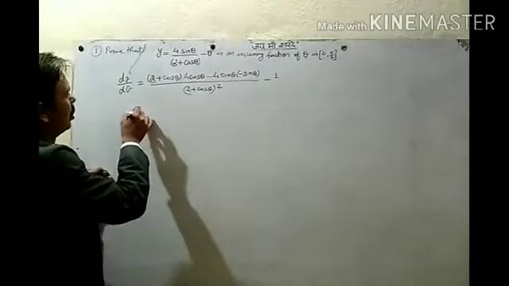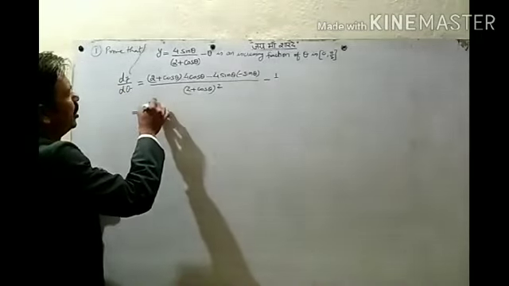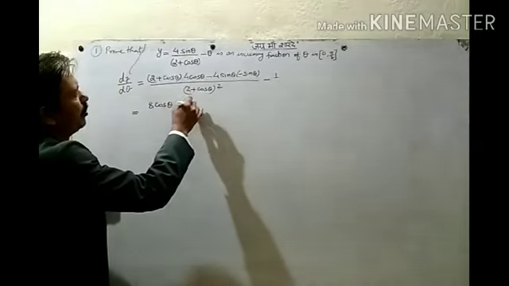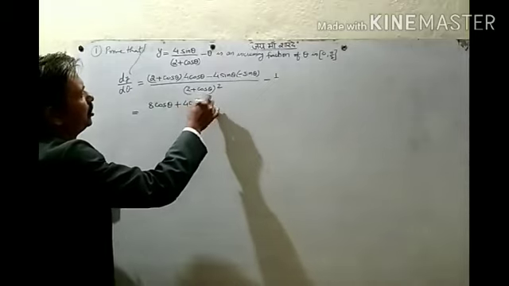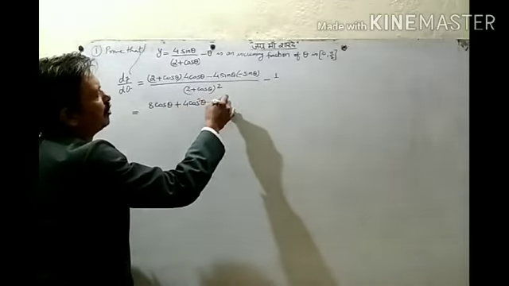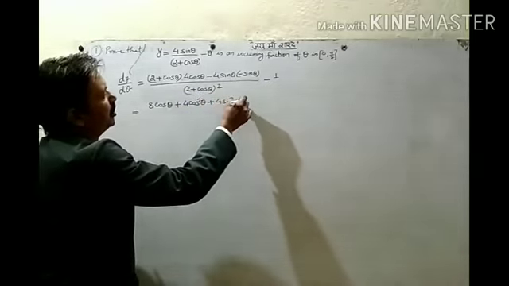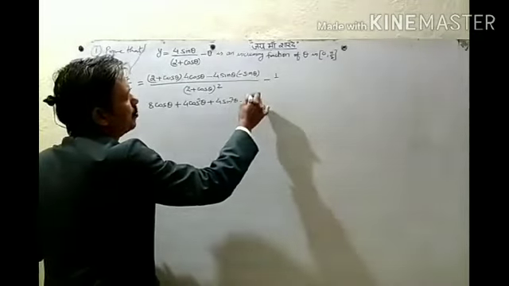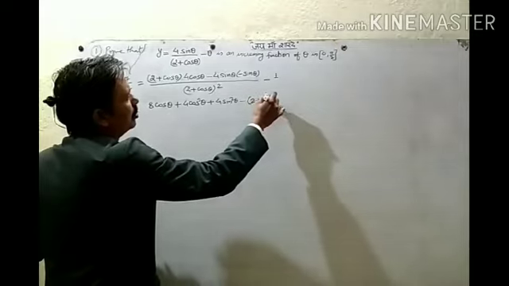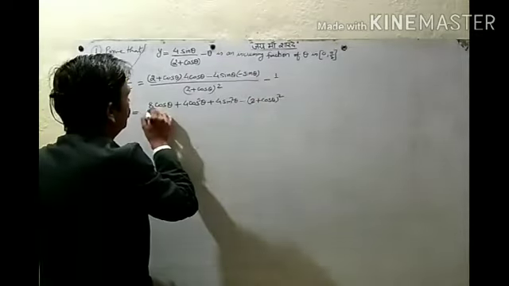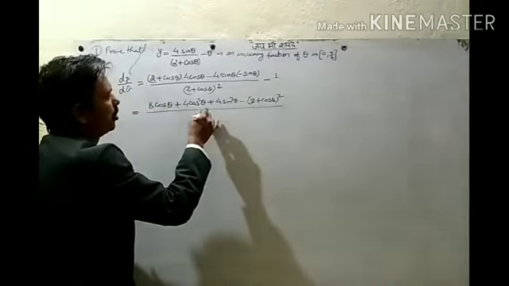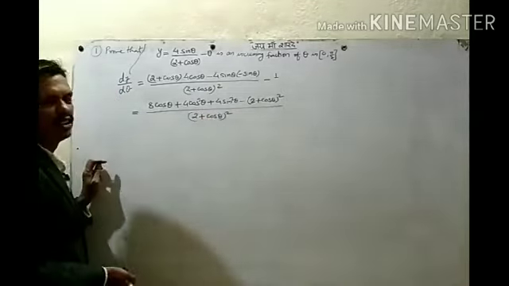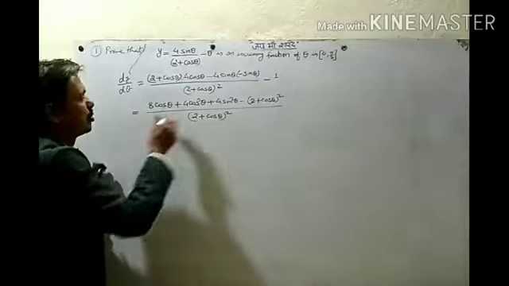Okay? So now it is equal to 8 cos theta plus 4 cos square theta plus 4 sin square theta, and if you simplify this part, this can be multiplied here, so you get 2 plus cos theta square upon 2 plus cos theta square, the square of 2 plus cos theta. Okay? Now you can simplify this part first.